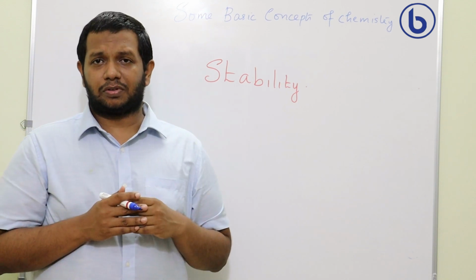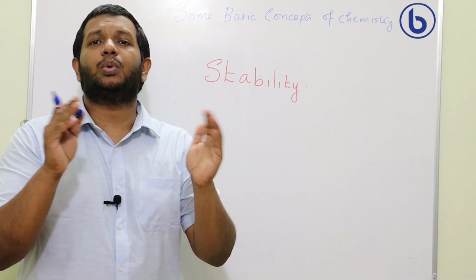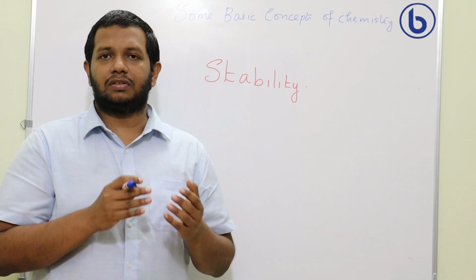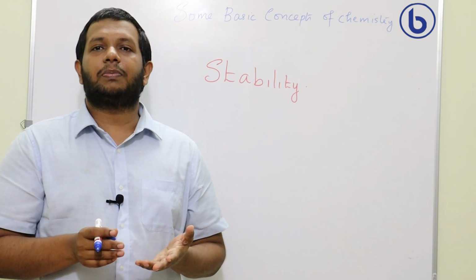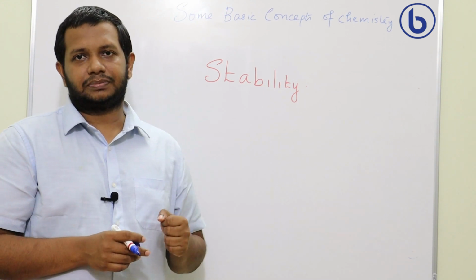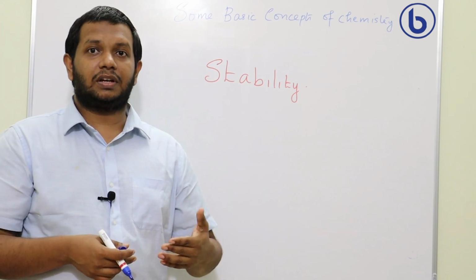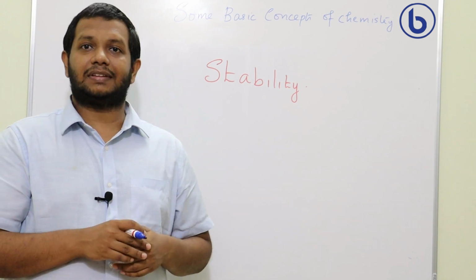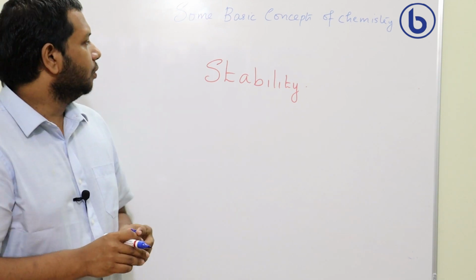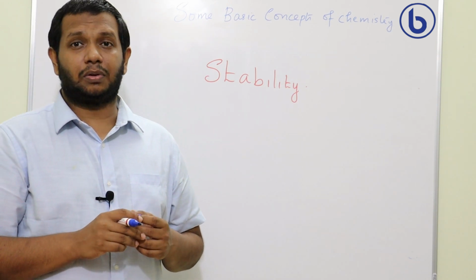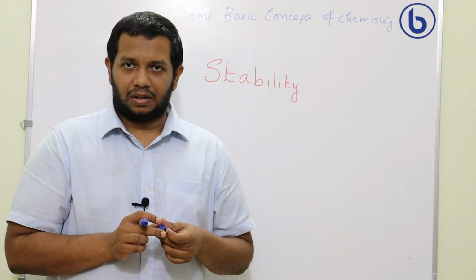Stability with respect to chemistry is stability with respect to elements, because we know that all matter in this world or universe is made up of elements, correct? Each element, if you go inside, the fundamental particle is again the atom. So how can an element or an atom be stable? Big question, how to understand that.